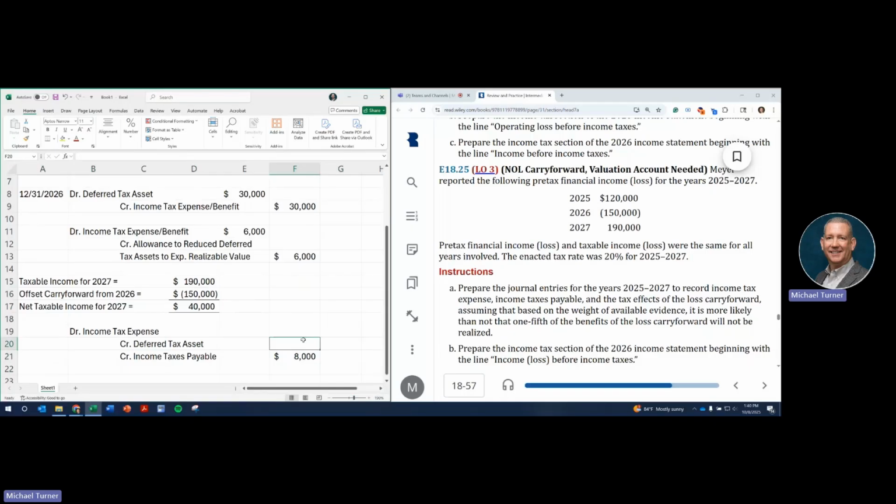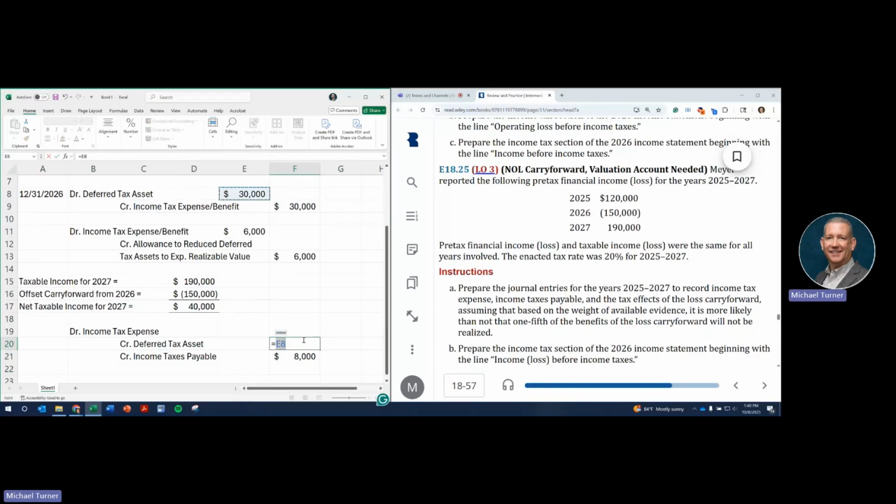And then we can offset our taxable income by the carry forward, which in the prior year was a deferred tax asset. So that deferred tax asset, let's go ahead and use all of that, of $30,000.